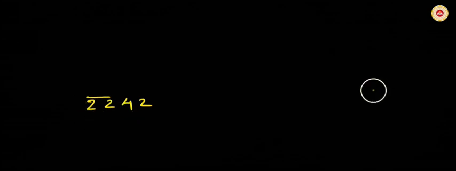See, according to the place values of these digits, what is the value of this 2? It is at thousands place, units place, tens place, hundreds place and thousands place. So value of this 2 is 2000 but negative, because there is a negative sign, plus. What is value of this hundreds place digit 2? Minus 200.